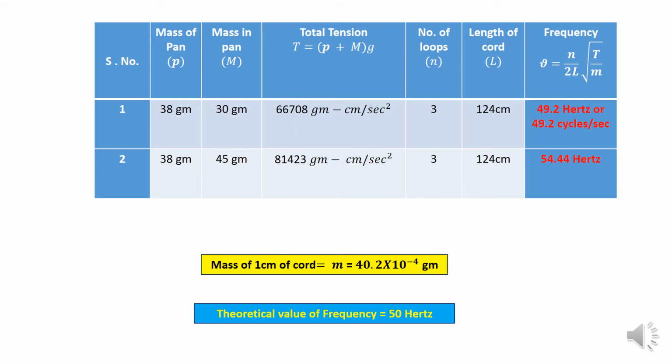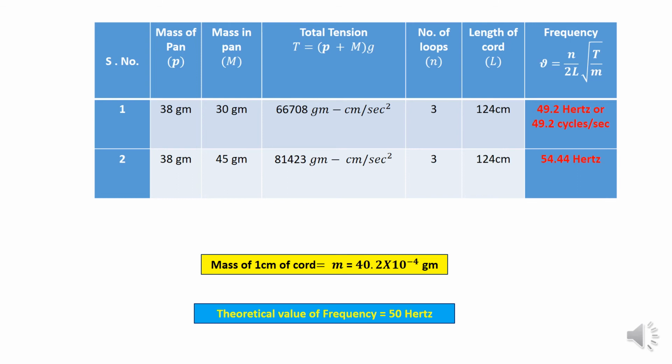The mass in the pan plus the mass of the pan we use to find the total tension. The number of loops is 3, and the length of the cord is 124. We have adjusted it, the same length is there.